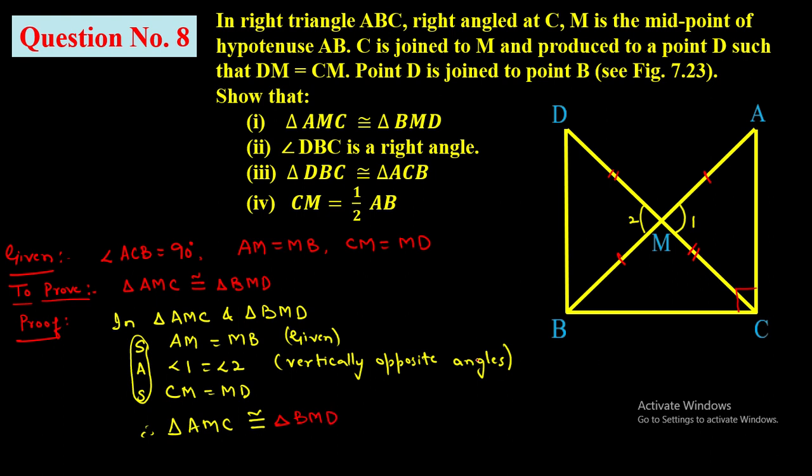Since the two triangles are congruent, it implies that angle BAC is equal to angle ABD.